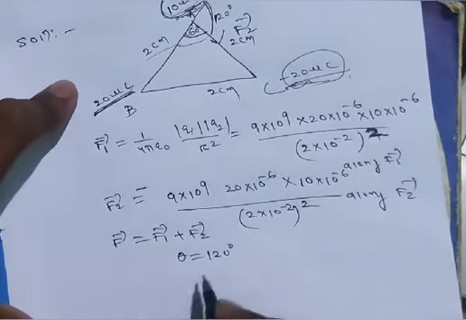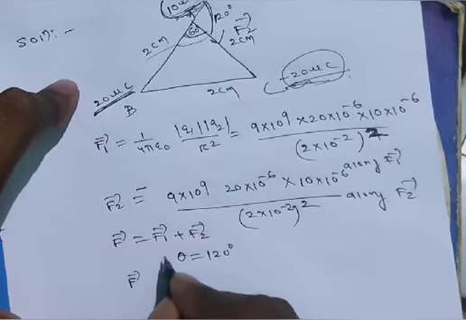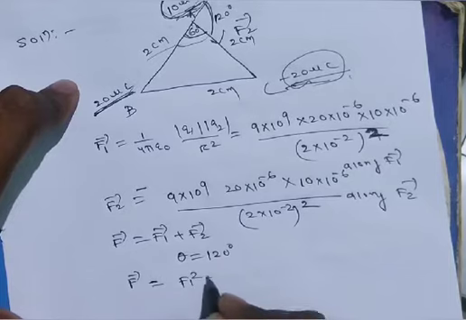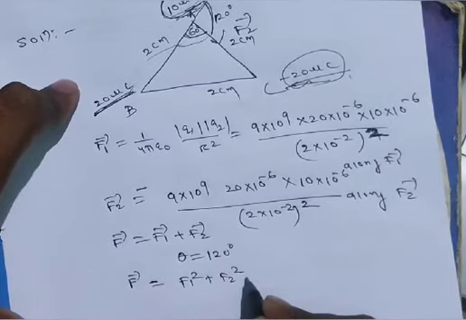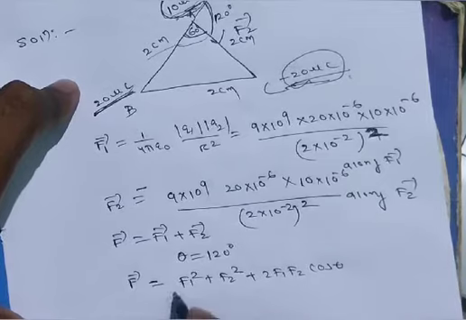And we know from the vector addition rule that the resultant of two vectors is root over F1 square plus F2 square plus 2 F1 F2 cos theta.